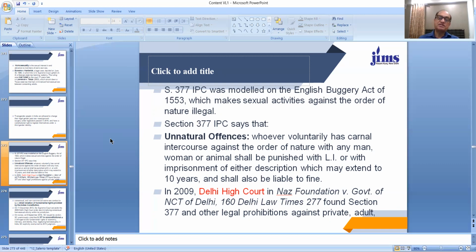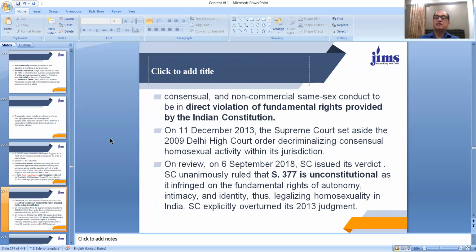The Delhi High Court found Section 377 and other legal prohibitions against private, adult, consensual, and non-commercial same-sex conduct to be in direct violation of fundamental rights provided by the Indian Constitution.